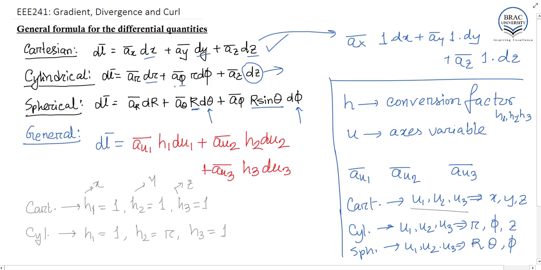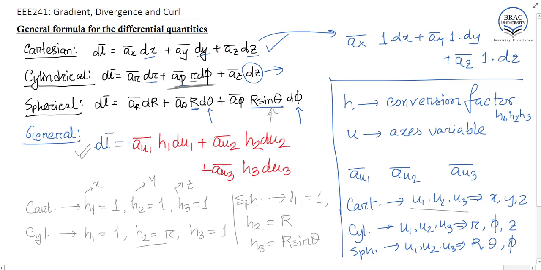The d phi quantity has an r multiplied with it to convert it into the length traversed, so the conversion factor here is r, and that is h2. And in case of the spherical coordinate system, h1 equals 1, h2 should be r, and h3, the third conversion factor, is r sine theta.